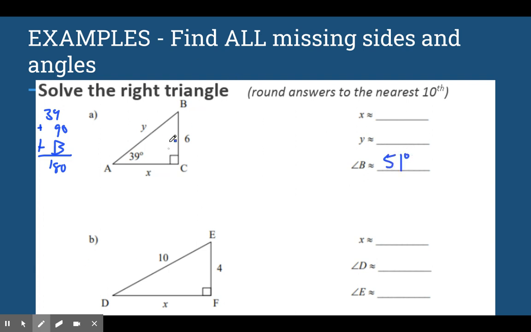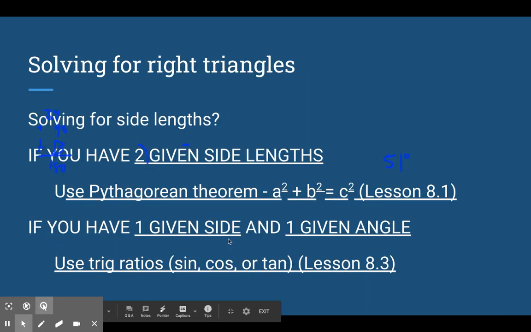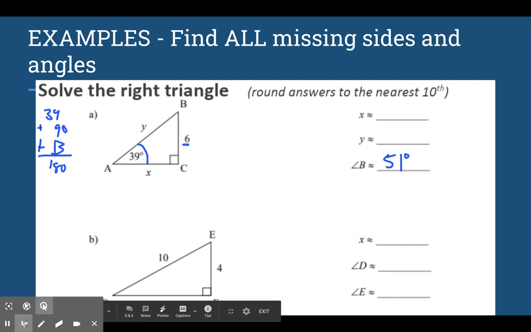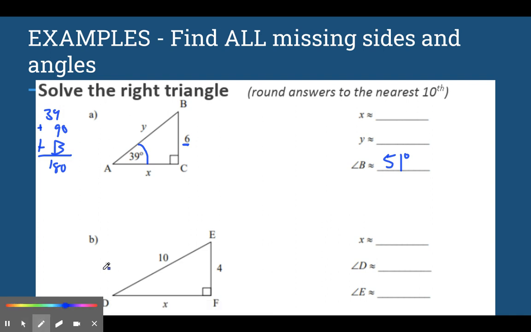Okay, now we have to find the two side lengths. If we're solving for x, we have one given angle and one given side. If you flip back through, if you have one given side and one given angle, that means we're going to use regular trig ratios. Sorry, I'm going in the wrong direction. So we're going to use regular trig ratios to find out what the measure of x is.